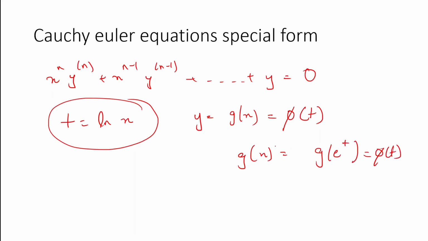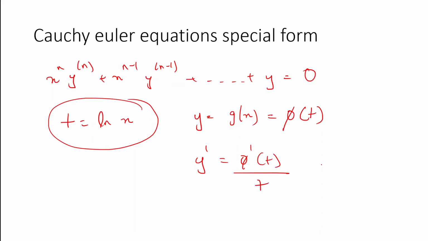If the domain is conserved, which it always is, then g of e to the power t is some phi of t, defined in the entire domain, and thus y can be written as some phi of t. Then y prime is equal to phi prime of t divided by x, and this is the first thing.